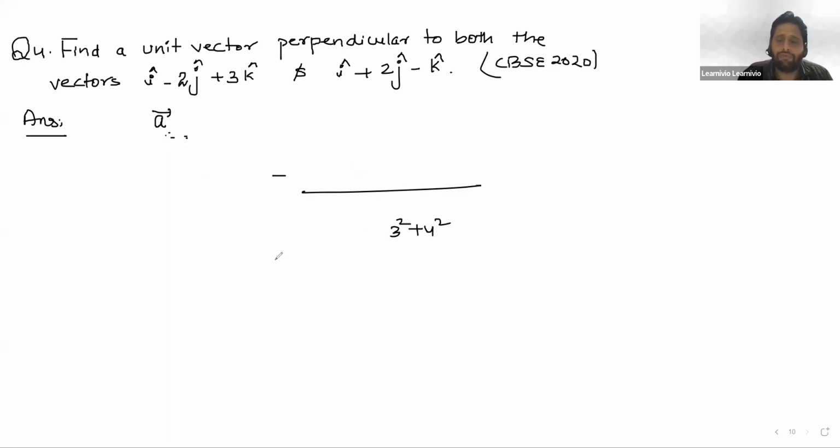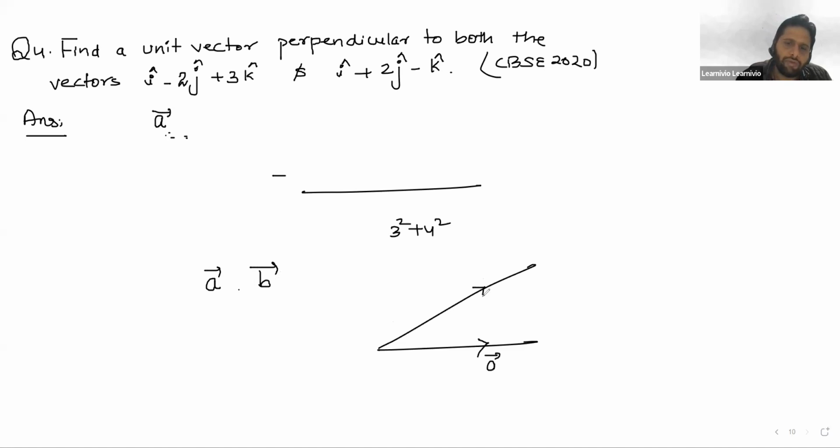Fahad, if I'm saying you have two vectors, A and B, and I'm saying find a vector which is perpendicular to both A and B, then what will you find? Suppose you have a vector A and a vector B. When I was explaining the formula of cross product, I told you that A cross B is magnitude of A, magnitude of B, sine theta, n cap.